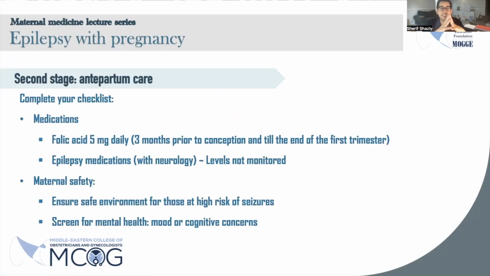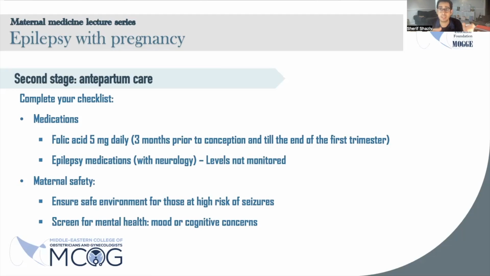So let's go to the second stage, which is actually, okay, the patient is established, you're seeing this patient, now we have to plan for antenatal or antepartum care during her pregnancy. So what's your checklist? First thing, medications, straightforward. What medications should be on is definitely epileptic medications.